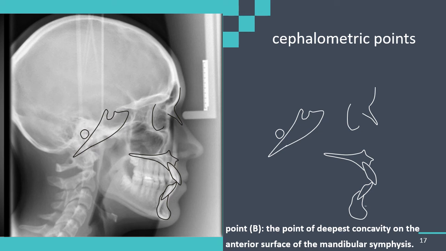In addition, there is the point B, which, like point A, represents the deepest point of the anterior concavity of the anterior surface of the mandibular symphysis.